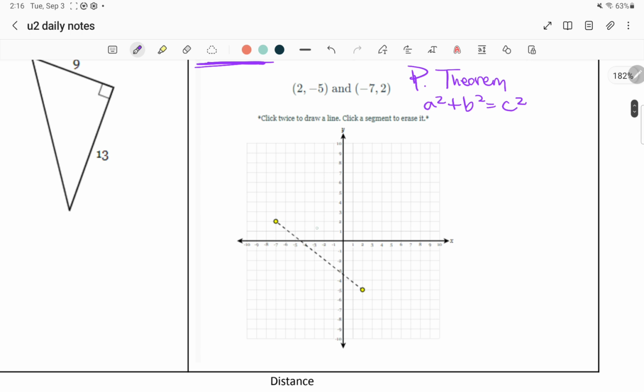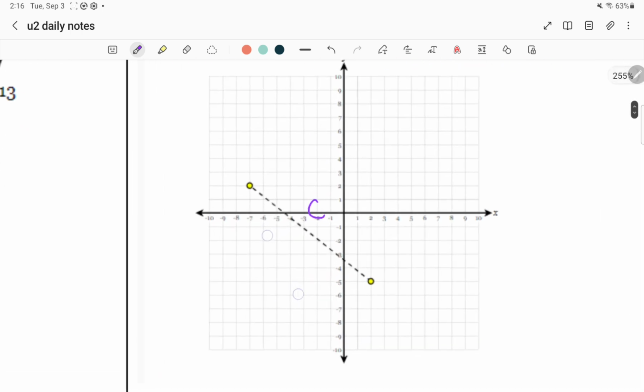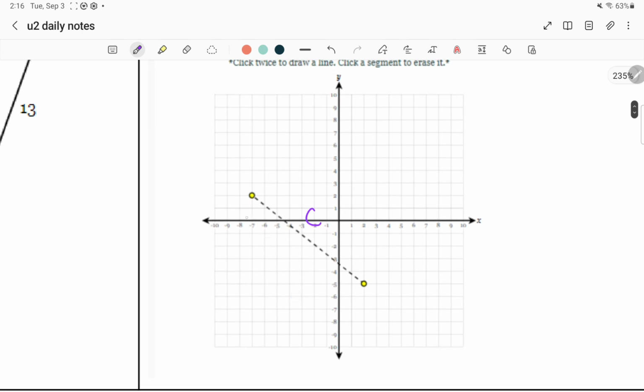Okay, how this works is I've got my c line. This is my hypotenuse. And if I want to find the distance between the two, I need to get the rise and the run. Okay, if we count this, it is 7 spaces, and from here to here is 9 spaces.